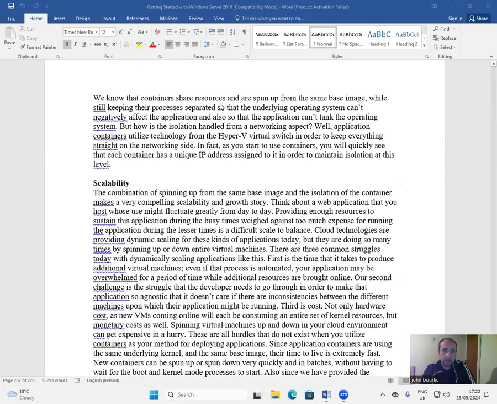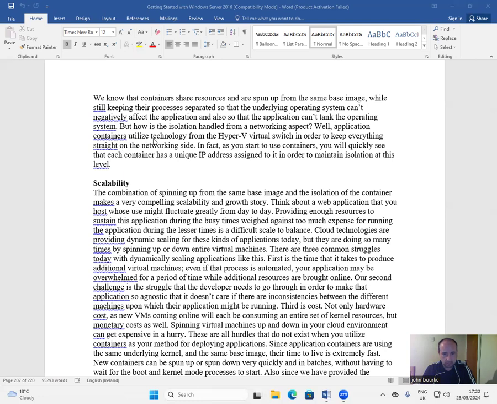We know that containers share resources and are spun up from the same base image while still keeping their processes separated so that the underlying operating system can't negatively affect the application, and also so that the application can't tank the operating system. But how is the isolation handled from a networking aspect?